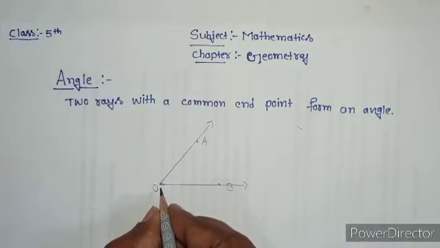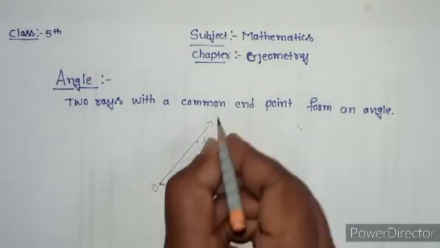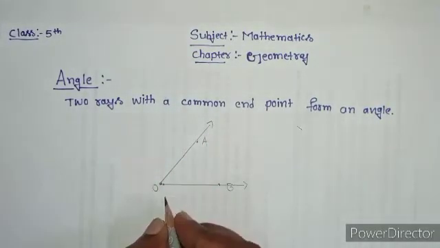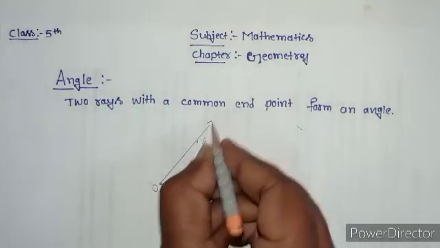Here point O is the common endpoint for these two rays.